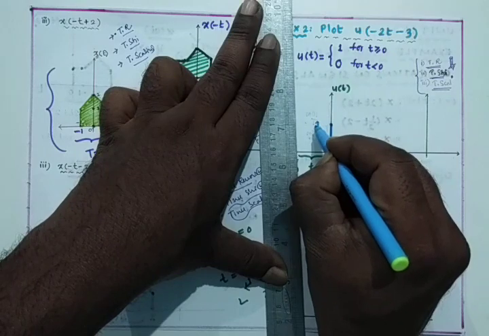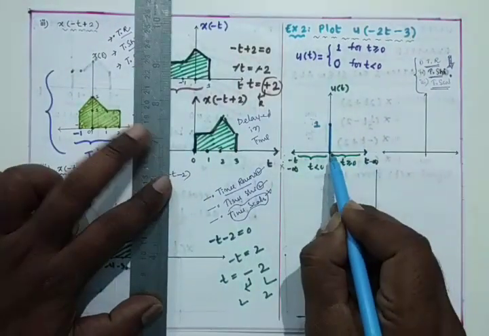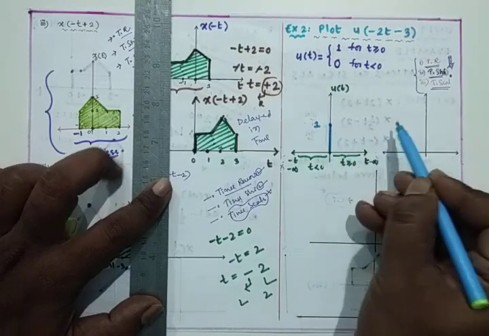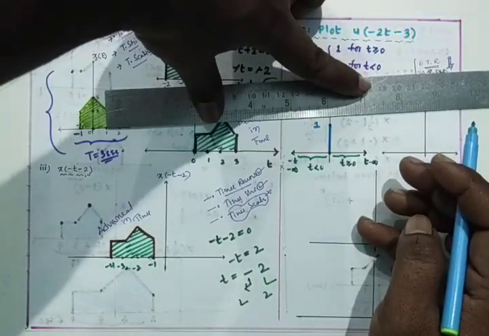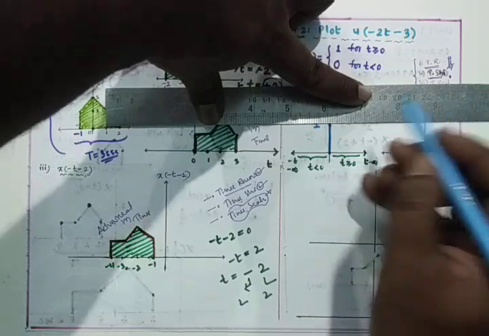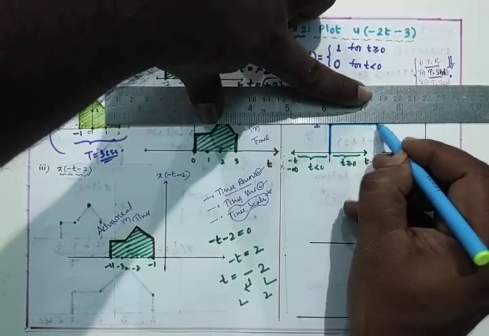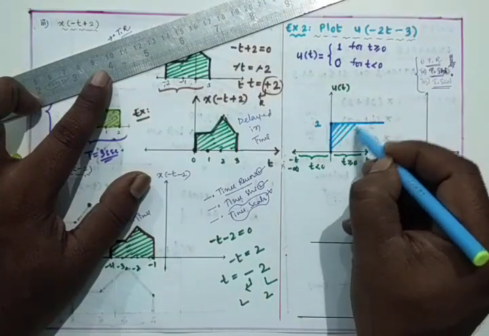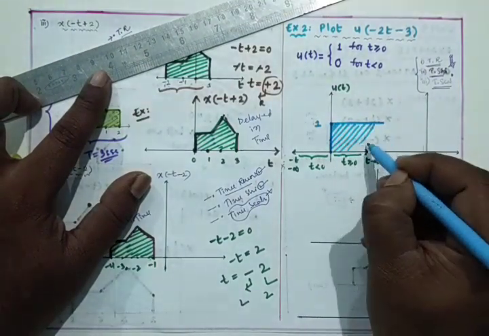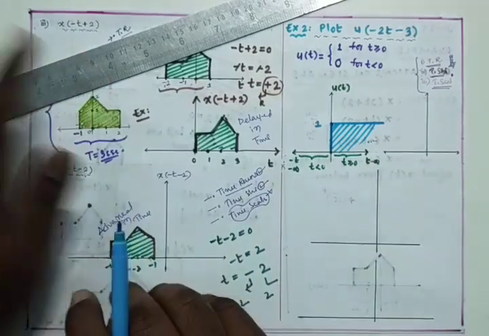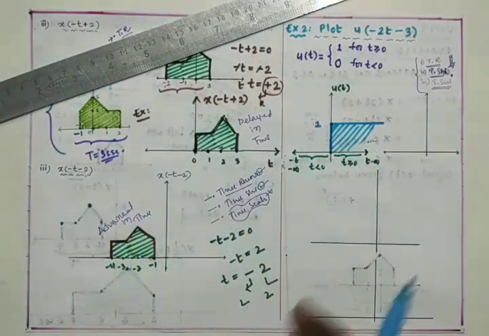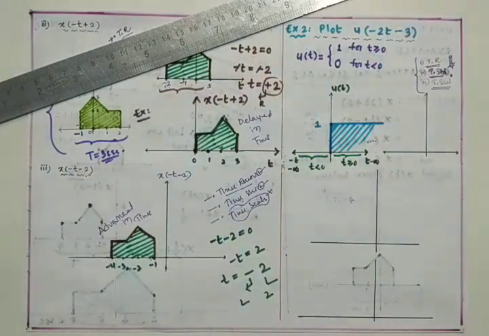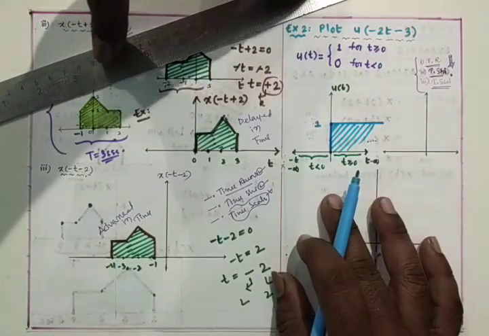For all values of t greater than or equal to 0, the amplitude remains the same, that is 1 only, and this signal extends onwards. So t greater than or equal to 0 is completed.